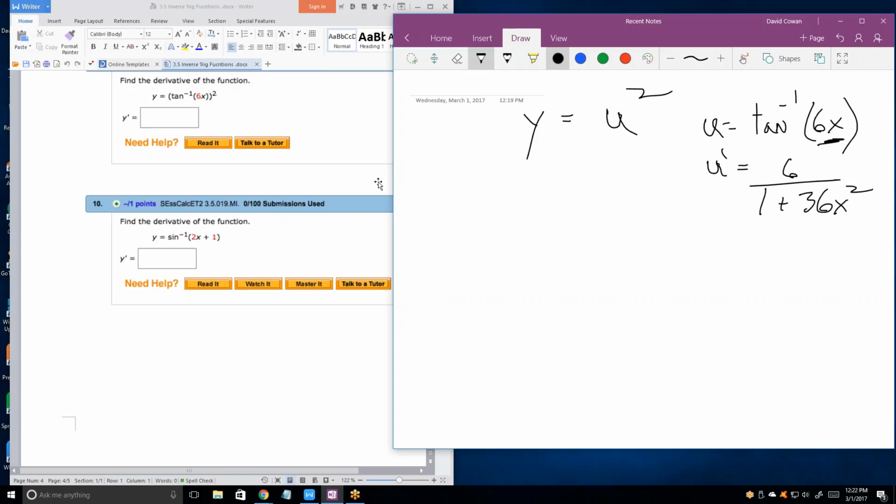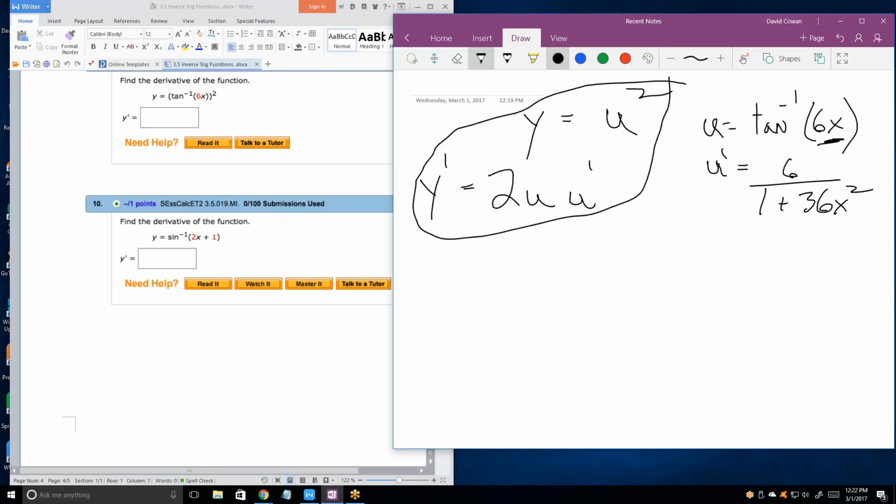Okay? So y prime is 2u times u prime. Based strictly on that. In other words, if I'm trying to find dy/dx, well, u better be a function of x. And it is. u is a function of x.